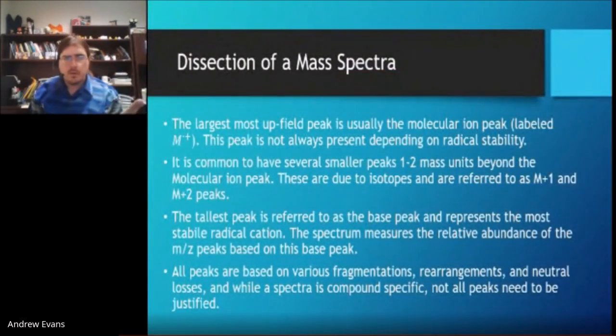Now, there's a couple things to note. As I said, this is dealing with individual ions, maybe thousands of them, but individual ions. So when we get a mass peak, it is literally this mass. If you get CO2, it is literally going to be 1 carbon plus 2 oxygens, so 44 mass.